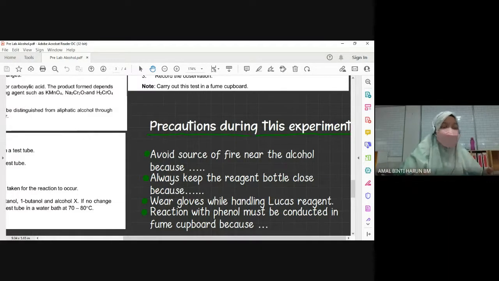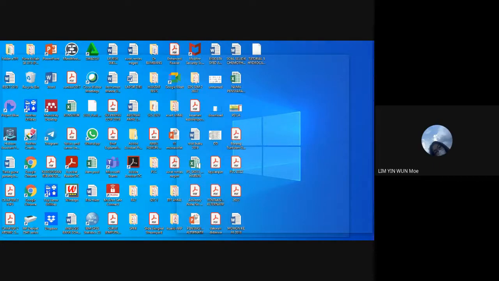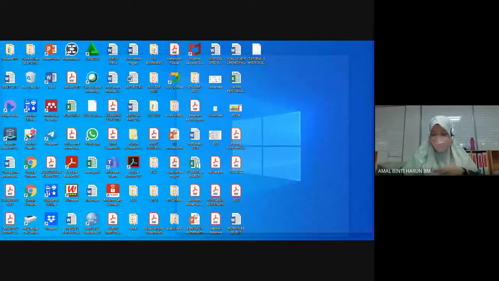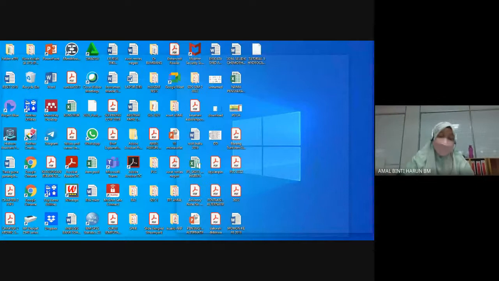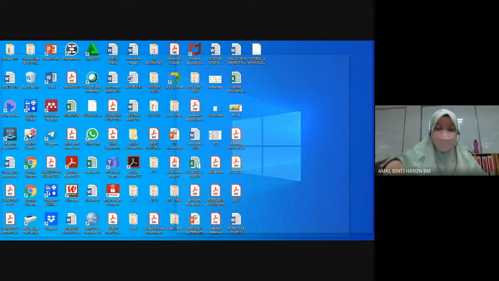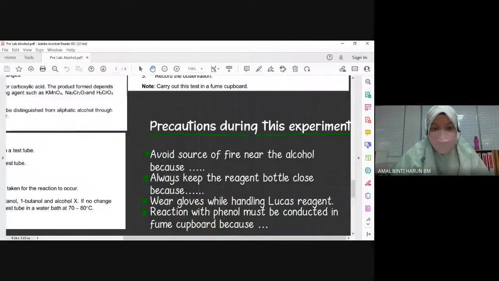Alcohol flammable. Because alcohol is flammable. Okay, so you dah boleh bagi tu. That one is precaution. Jangan bawa lighter tiba-tiba pergi main-main.